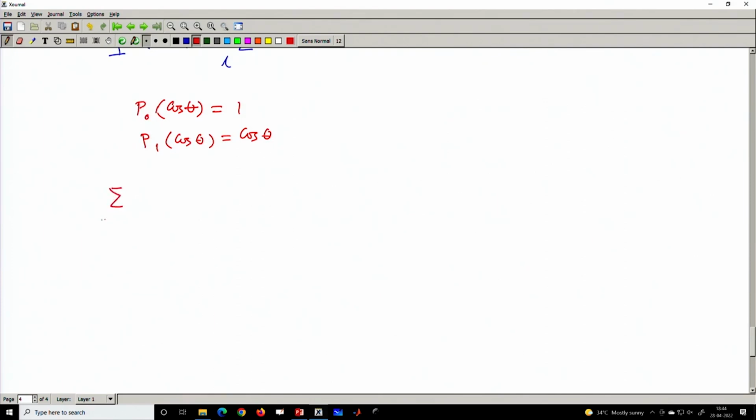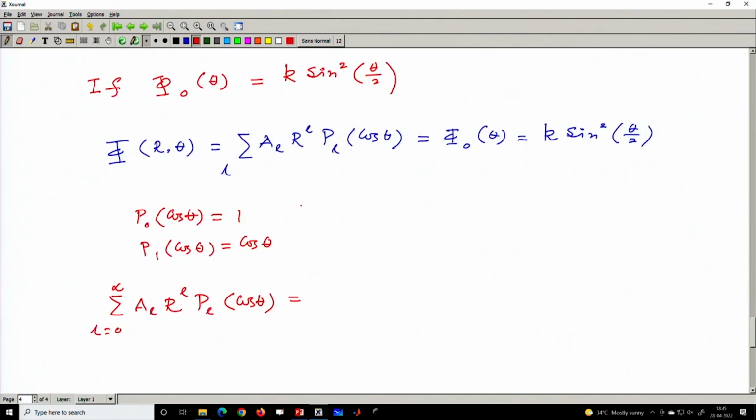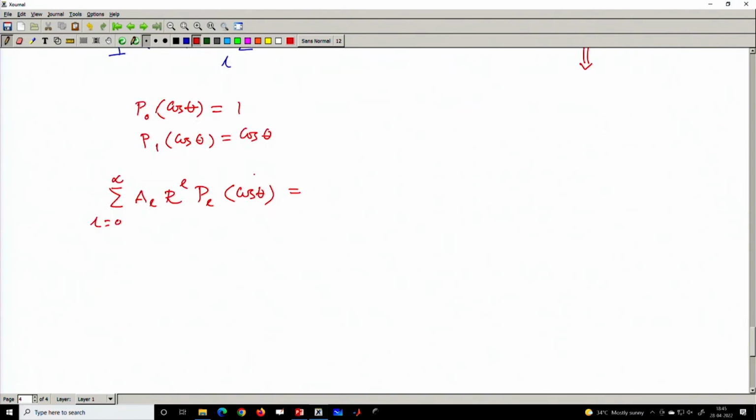So, summation L equal to 0 to infinity A L r to the power L P L cos theta, that is when I have L 0. So, that term I write on the right hand side, it is sine squared theta. So, that I write in the form of these Legendre polynomials.